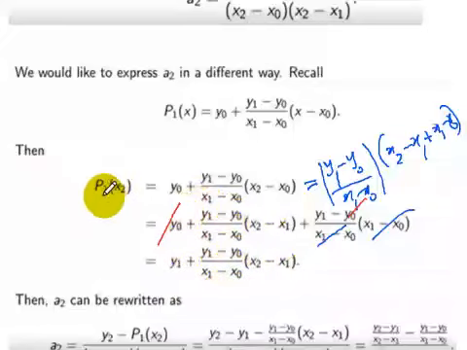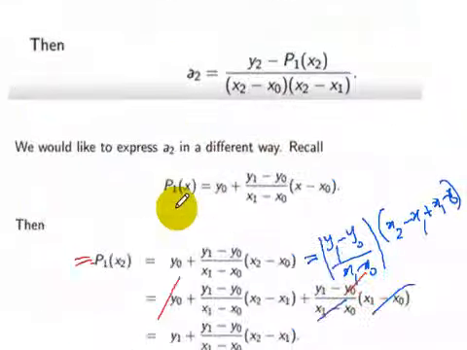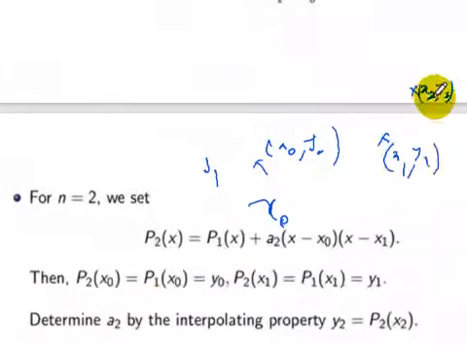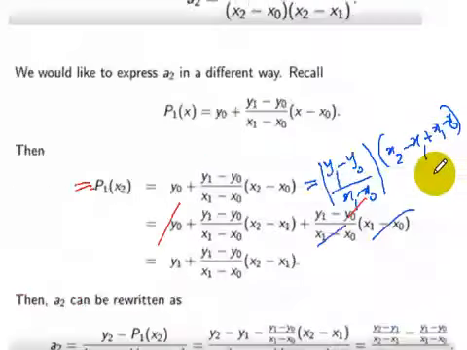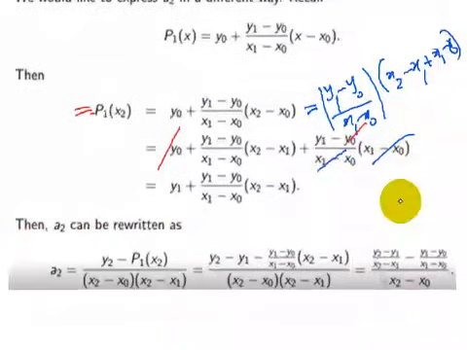This is the polynomial p1 evaluated at x2, right? So what is the value of polynomial p1 evaluated at this point? We know that this point would be y2.